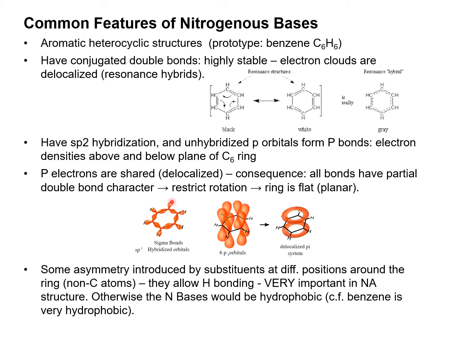And those substituents can allow hydrogen bonding with other molecules in the vicinity, which is particularly important in the nucleic acid structure, especially for the DNA double helix structure, where the two nitrogenous bases are interacting with each other through hydrogen bonding. And we're going to discuss these interactions in much more detail later in this lecture. Otherwise, if there's no asymmetry, then nitrogenous bases will be simply hydrophobic, just like benzene.